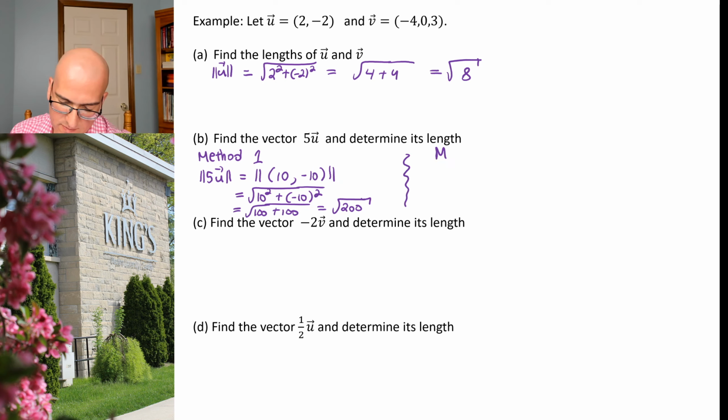Method 2. The magnitude of 5u is equal to the absolute value of 5 multiplied by the length of u.